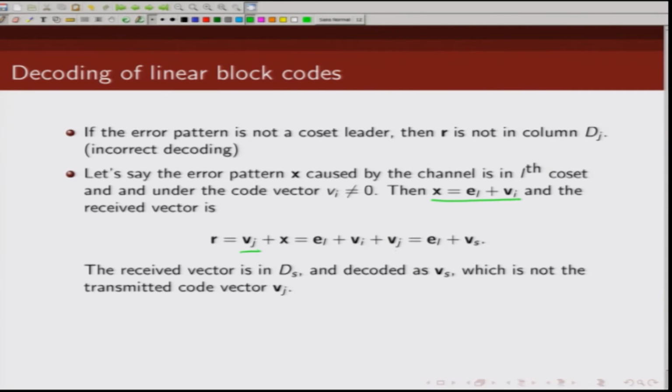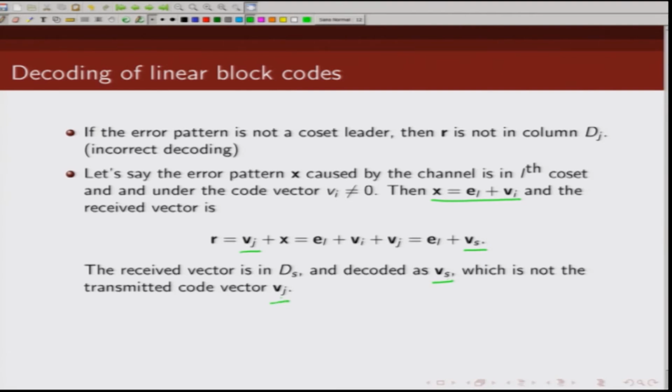Now, what is Vi plus Vj? The sum of two code words is also a valid code word. Let us call that code word Vs. So now the received vector is in partition Ds, and in this case we are going to decode it as Vs, which is not the same as the transmitted code word Vj.